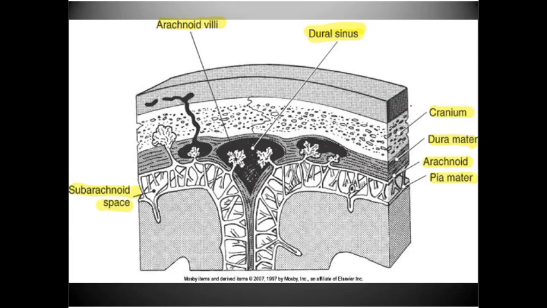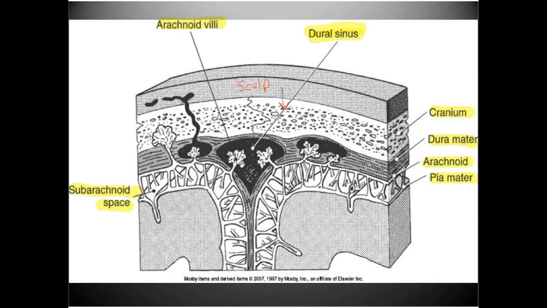So here we have a sagittal or cross-sectional view of the way the brain and the skull actually fit inside of this space. Here we have the scalp, and just below the scalp we have the cranium, which, as we can see, is porous bone.